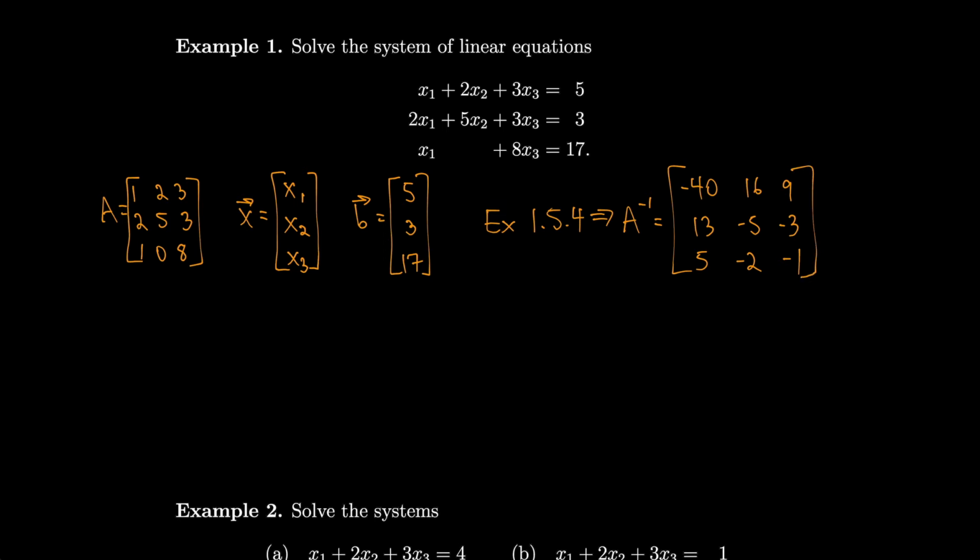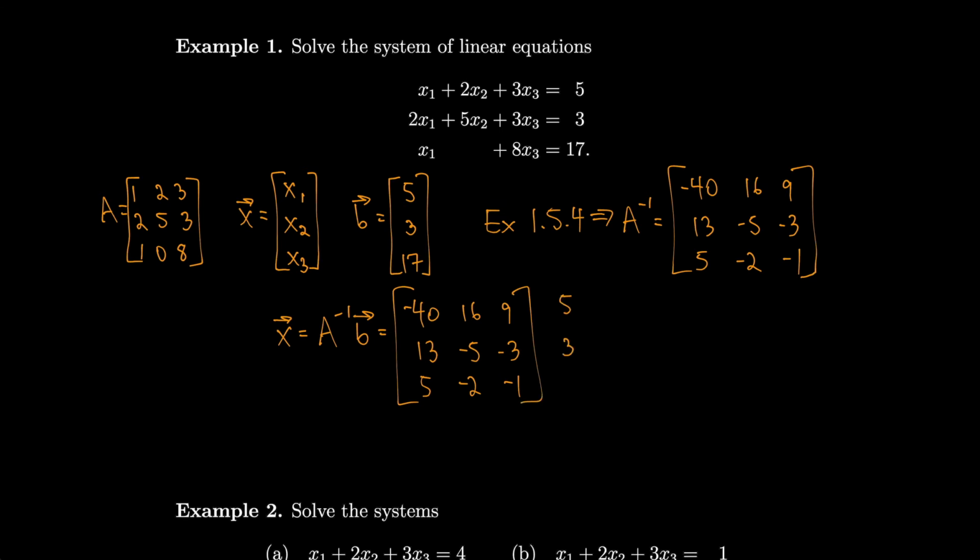So that means that x is equal to A inverse B. So it must be equal to this A inverse that we just wrote, -40, 16, 9, 13, -5, -3, 5, -2, -1, times B, which is 5, 3, 17.